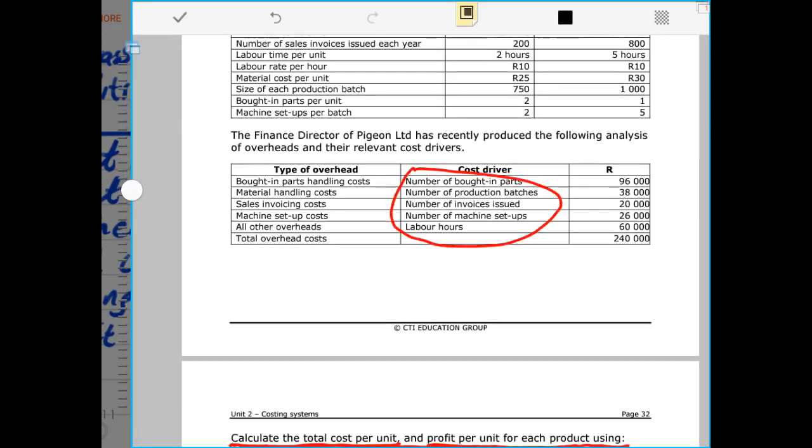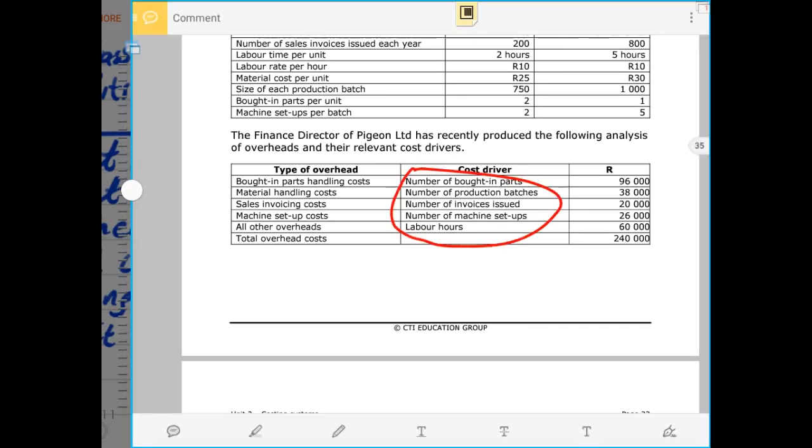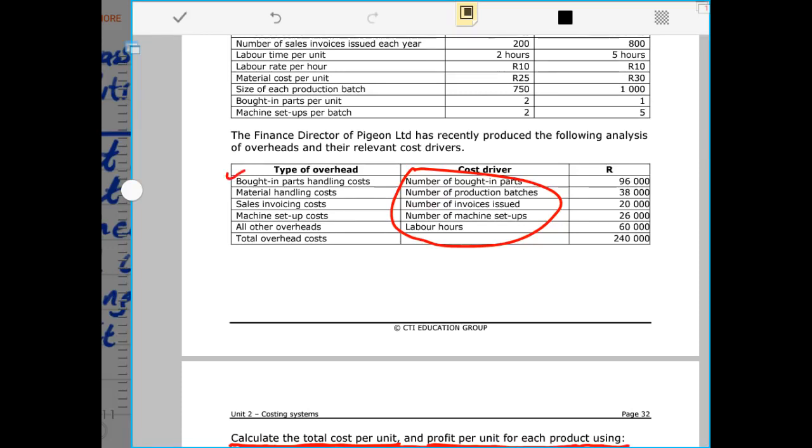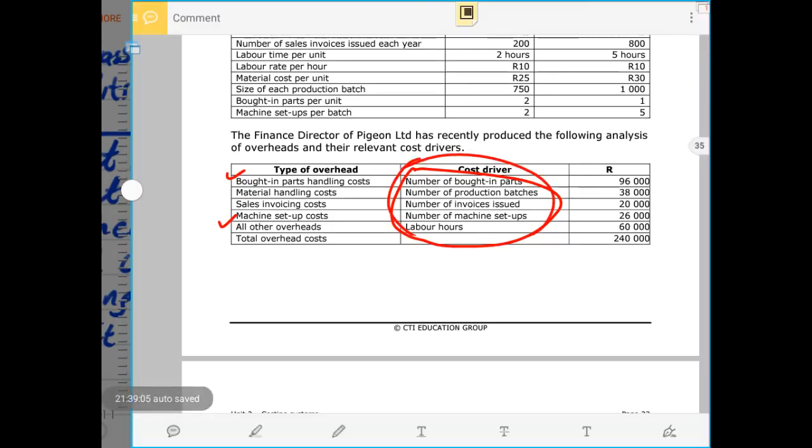For each overhead, we use the cost driver or base for that overhead. Then we allocate to the two products until we are done. We will do that from the first overhead up to the last overhead, using the cost drivers given in the second column, that means the base or what drives the cost. So we are still doing the same thing, but using a different method.